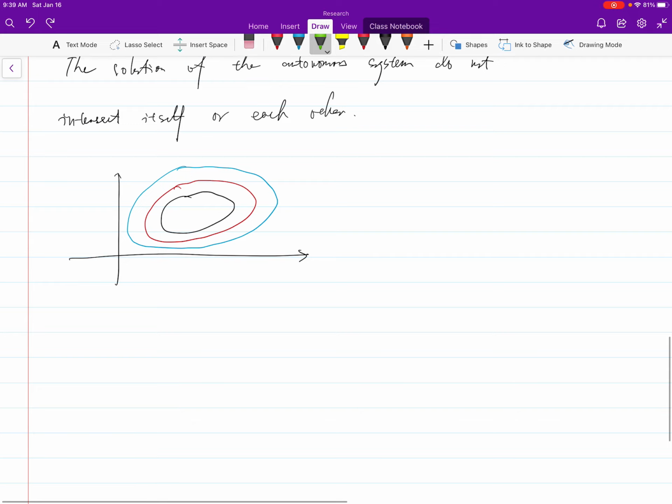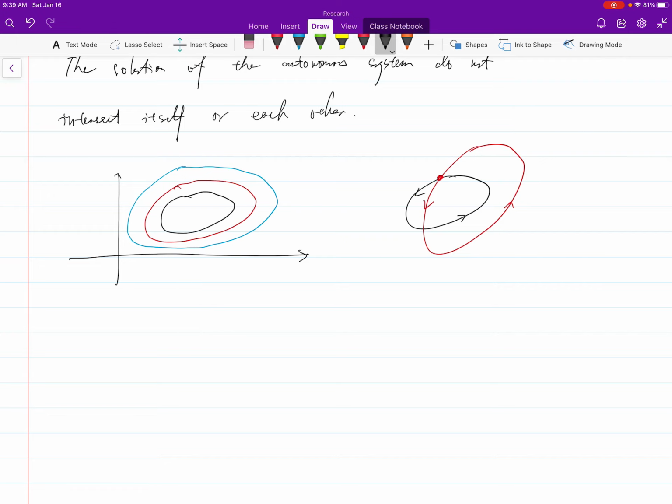What it says is basically the future is uniquely predictable. If this happened, think about it. That means starting from this point, you actually don't know which way you want to go next. Suppose your solution curve is going in this direction, so the two solutions both go to here. And starting from here, one solution tells you to go to this side, the other solution tells you to go to this side.